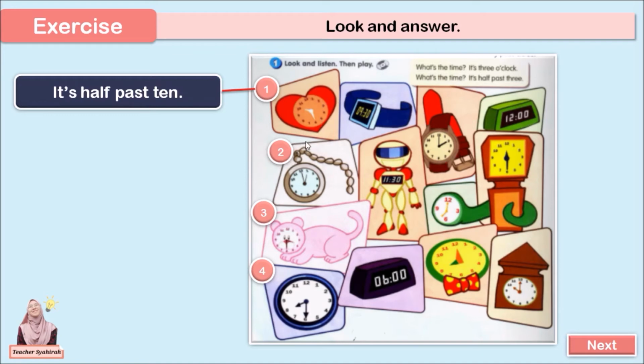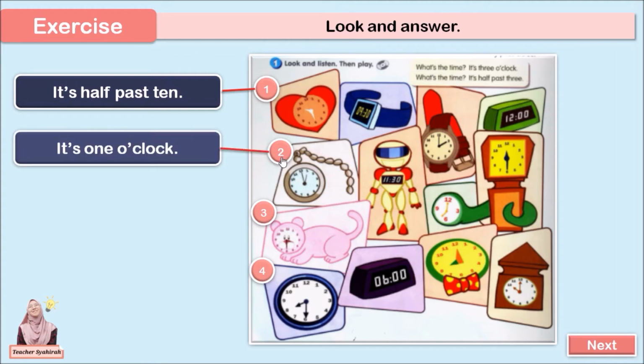Now let's look at the second question. Second picture. The second clock here shows the shorter hand at 1 and the longer hand at 12. What time is it? Yes, it's 1 o'clock. Now the next one, the cat-shaped clock, and then look at the shorter hand of the clock here, it shows at 3. It's before 4, right?